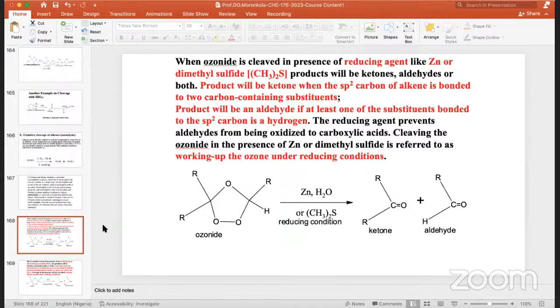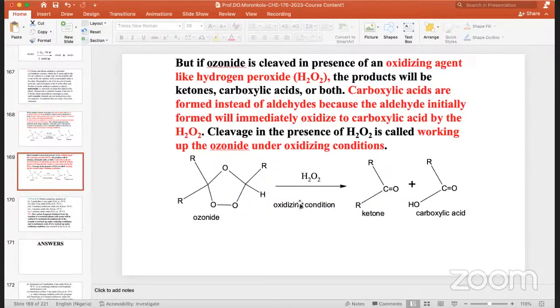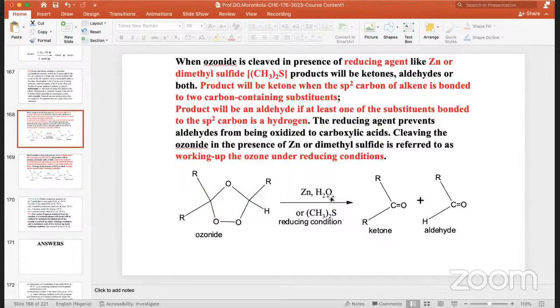We can either have a reducing condition, like in this place, where we have zinc in water or dimethyl sulfide, or we can have hydrogen peroxide, which is an oxidizing condition. Hydrogen peroxide is the oxidizing condition, whereas zinc in water or dimethyl sulfide is a reducing condition.